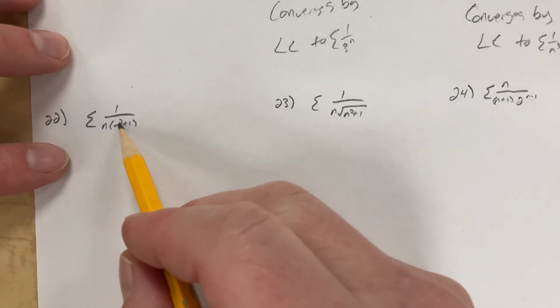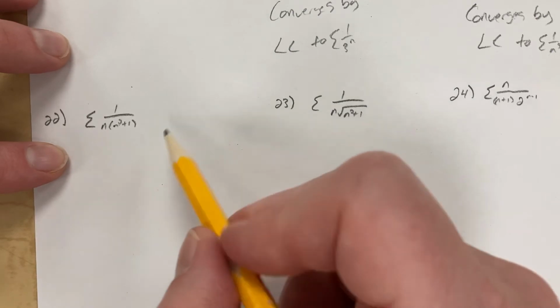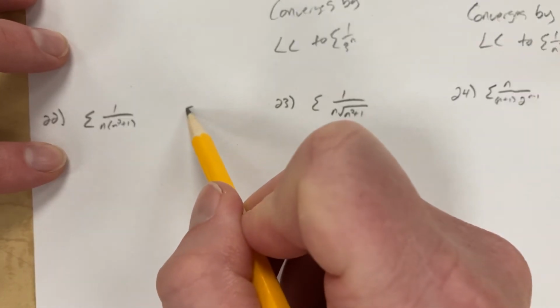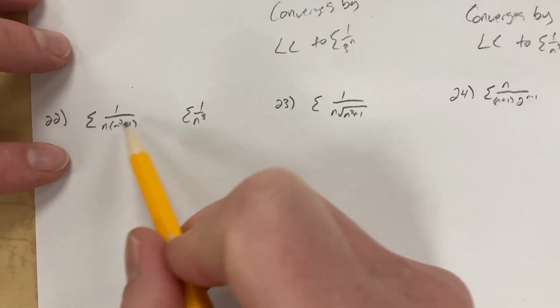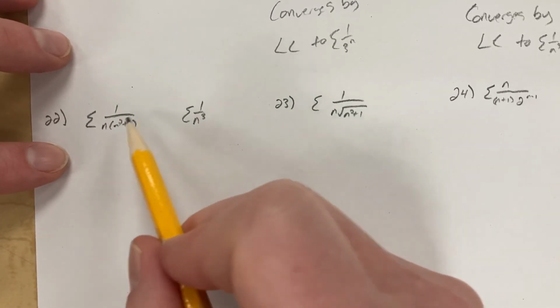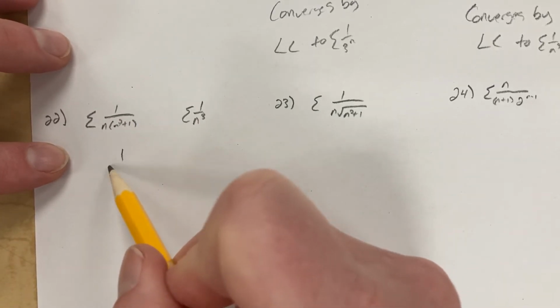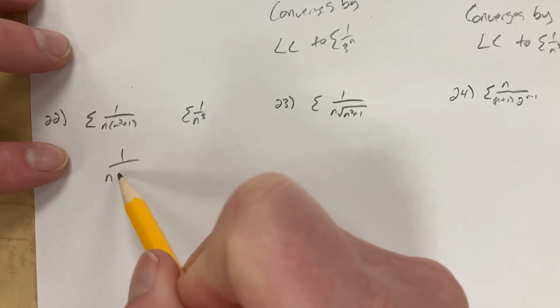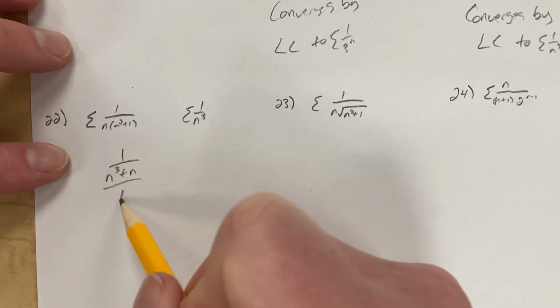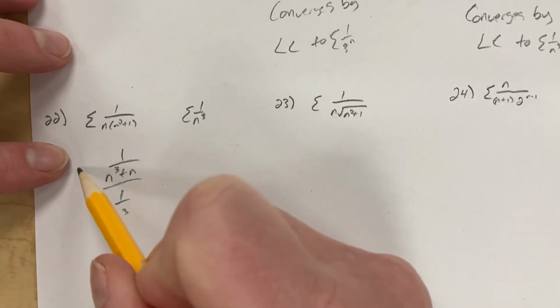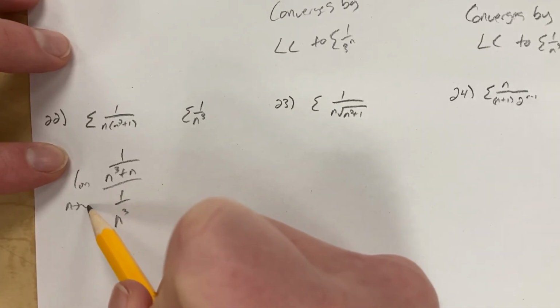Here I've got n squared. If I were to work that out and look at it, it would be of the same magnitude as 1 over n cubed. Again, I might not know exactly how to compare it or not be confident with that, so I'm just going to multiply that out, distribute that out, and take the limit as n goes to infinity of that.